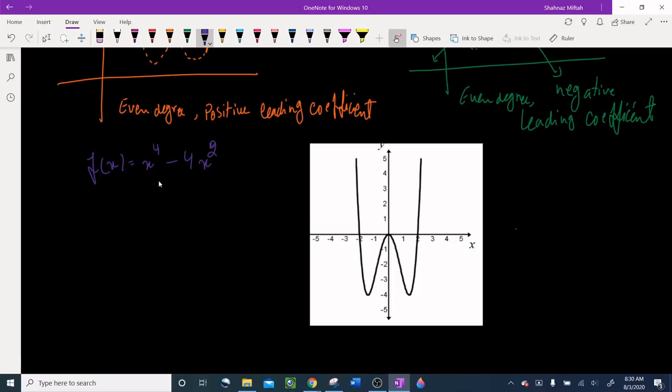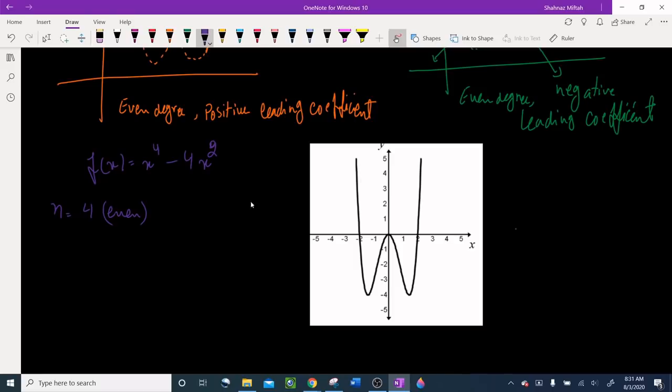Now the degree of the function is 4. So I'm going to write down everything here. The degree of the function n is 4 and it's even, right? Even degree functions have graphs with the same behavior at each end. If it's positive, then both are rising.